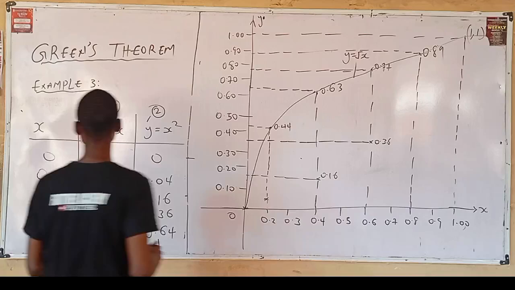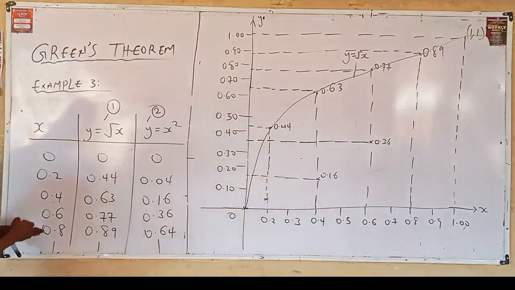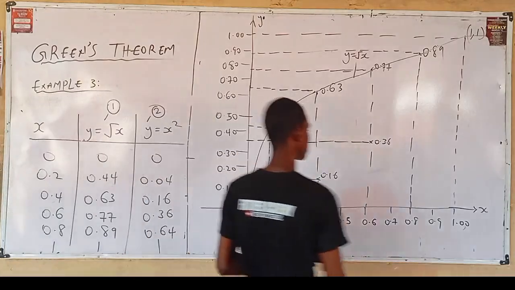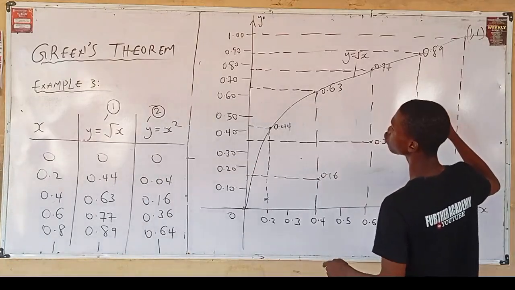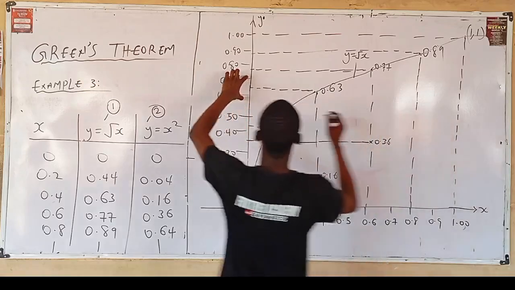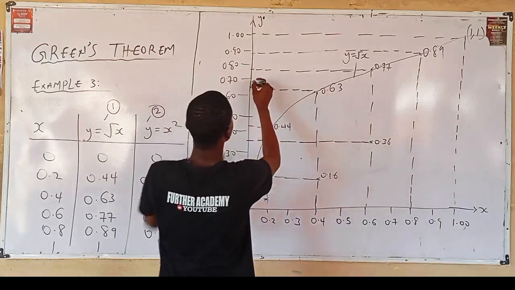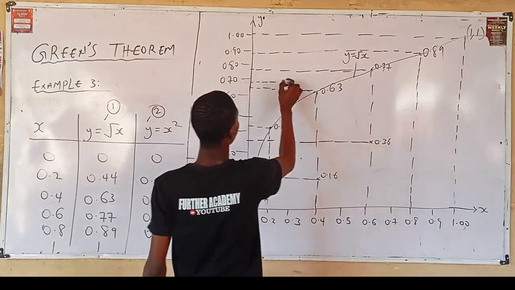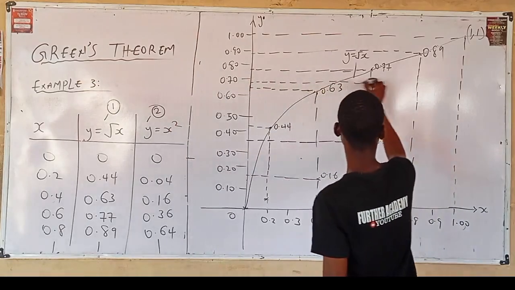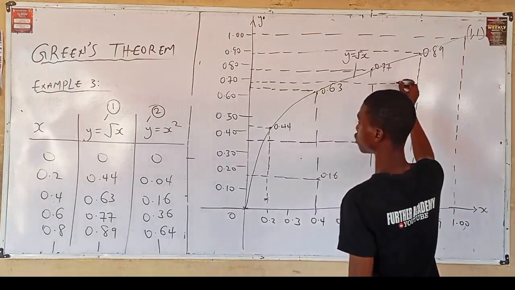Now I'm having, for 0.8, 0.64. Similarly, 0.8 to 0.64, between this value. So this is 0.63, 0.64, somewhere around here.